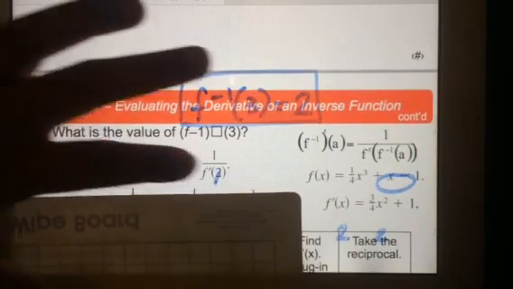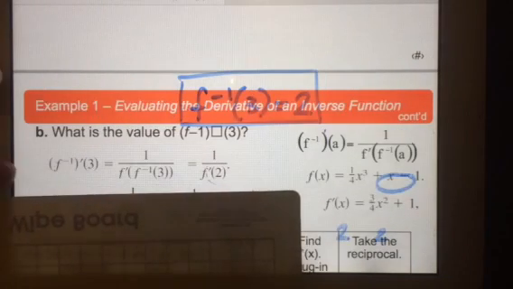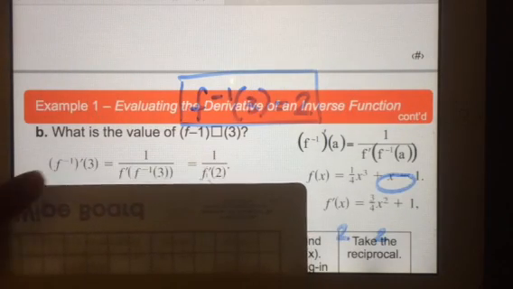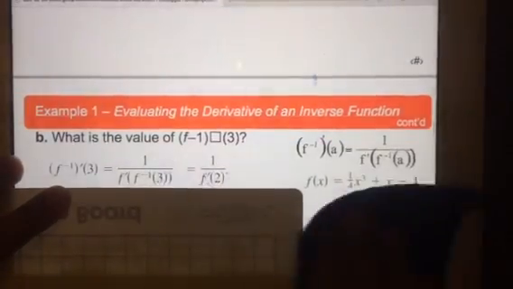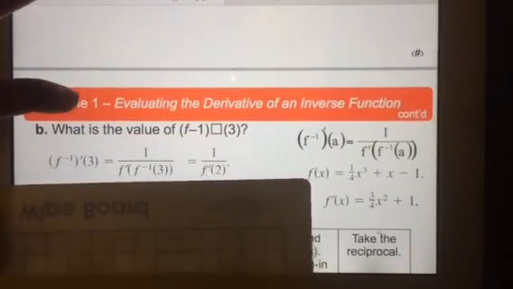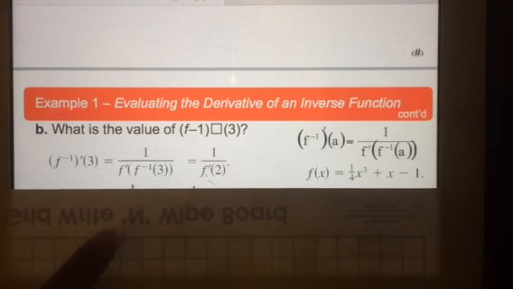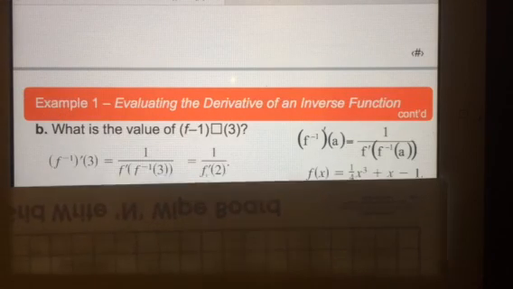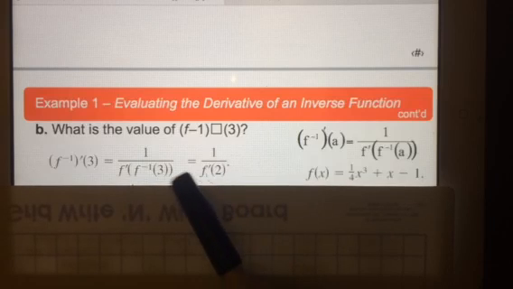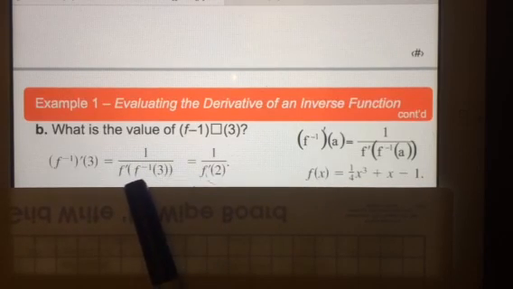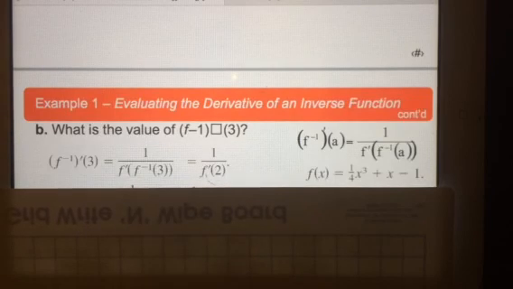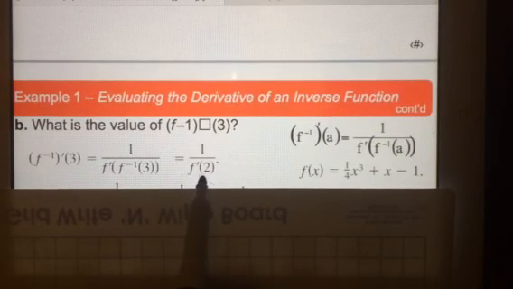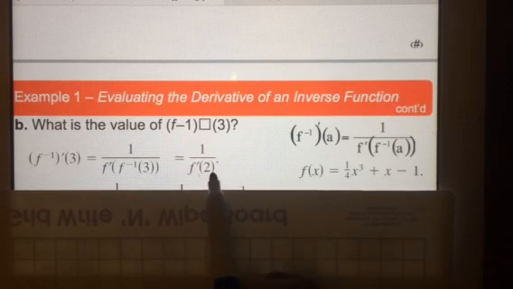We have here f inverse prime of 3 is going to be equal to 1 over f prime of f inverse of 3. And we know that f inverse of 3 is equal to 2. So we have 1 over f prime of 2.